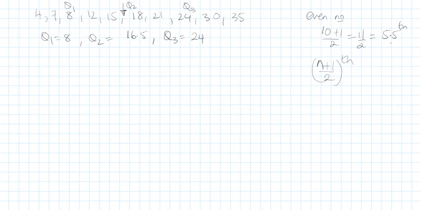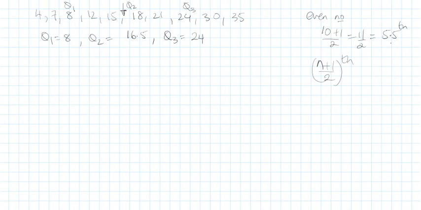Now, in the previous lesson, we already went through how to calculate the lower quartile, median, and upper quartile. Today, I'm going to show you how to put that information on a scale first, and then draw a box and whisker plot from that data.